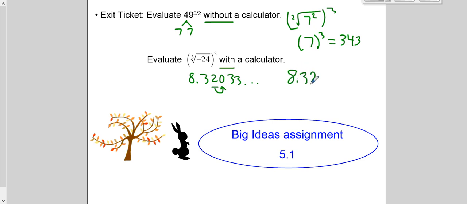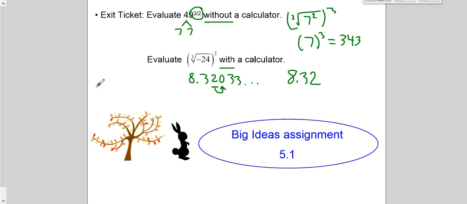All right, and that is your notes and your examples for lesson 5.1, rational exponents. When it says rational exponents, rational numbers can be written as a fraction. So that was your warning, rational exponents, that you were going to get fractions. Remember, the numerator is the power, the denominator is your root.